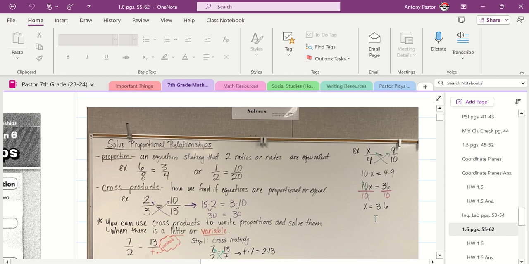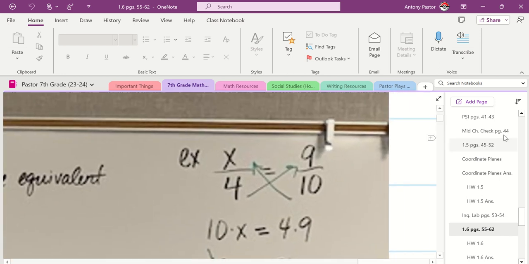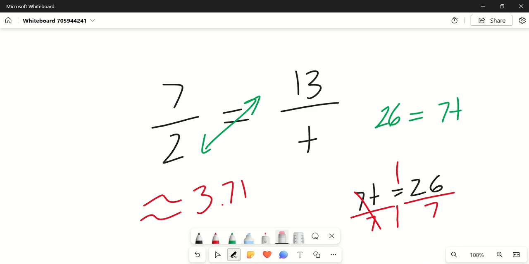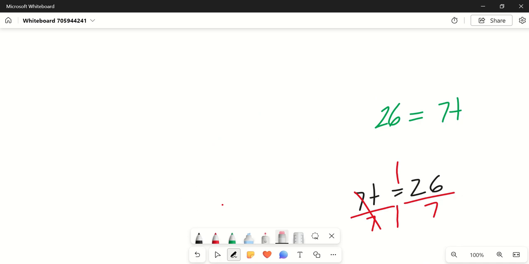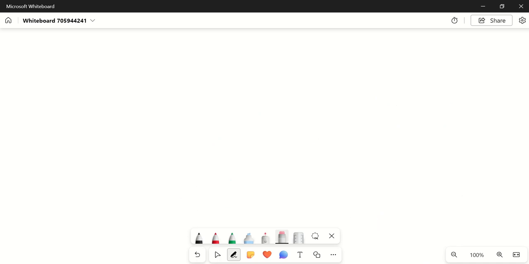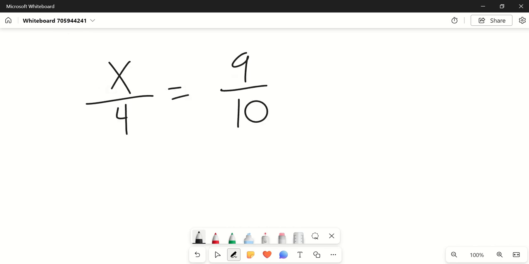All right, so we have another example here of x over 4 equaling 9/10. We're going to go ahead and clear this off. Again, our example is x over 4 equaling 9/10. I'm going to make sure I wrote that correctly. All right, then remember, when we cross products, these should be equal.